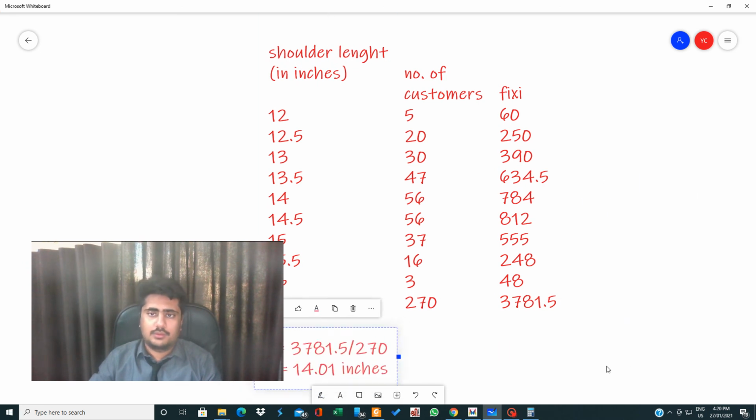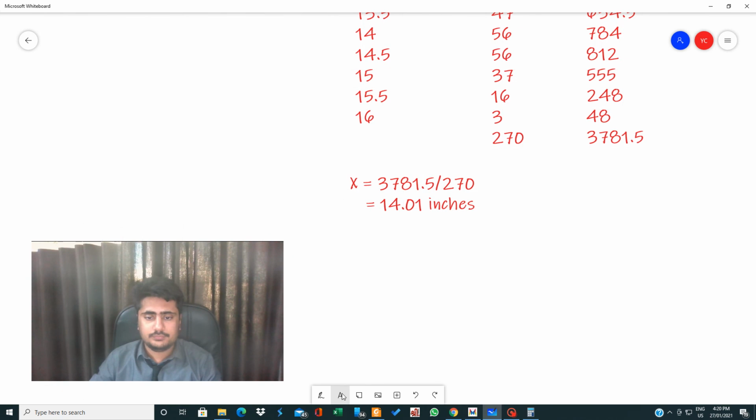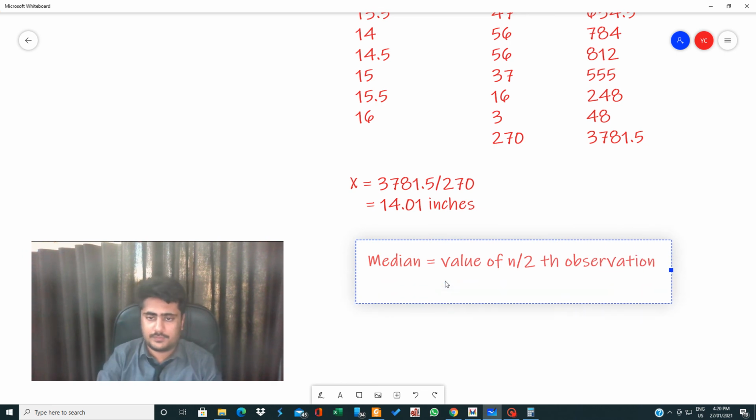You have to find median also. So my median will be the value of n by 2th observation. Here it will be n plus 1 by 2 as there are no classes.